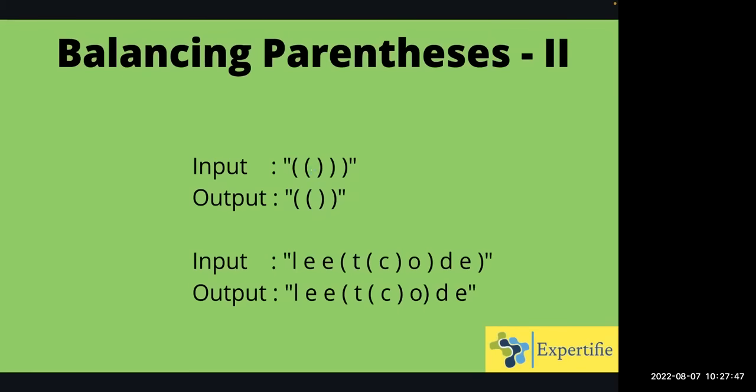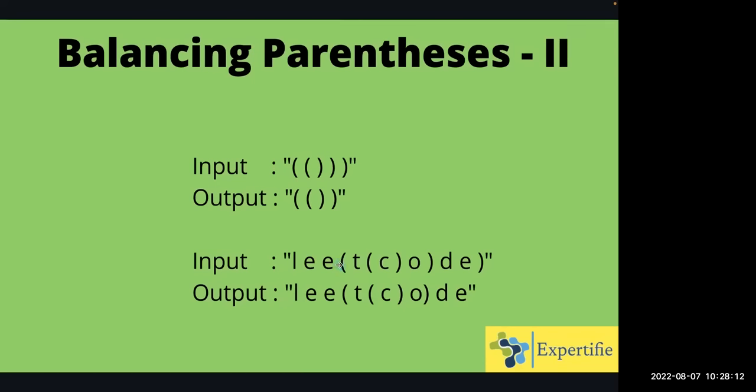That is also a valid output, but this is not after the minimum number of removals. So you need to output a valid parenthesis after the minimum number of removals. In this case, the number of removals was just 1, right? If I just remove 1 closing brace, then it becomes a valid string, right?